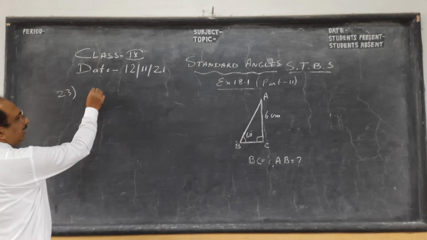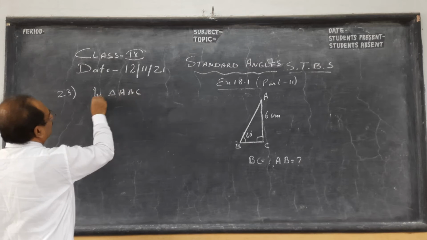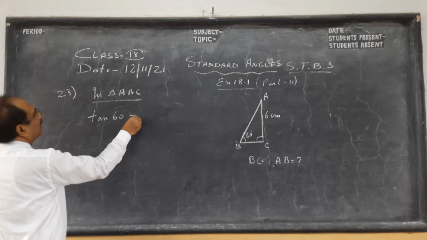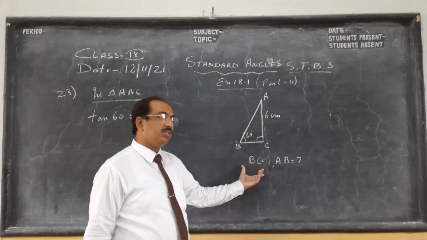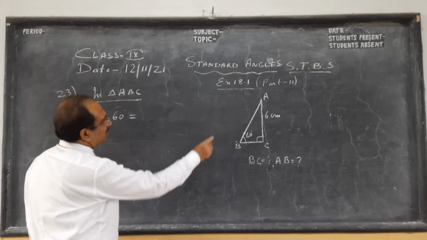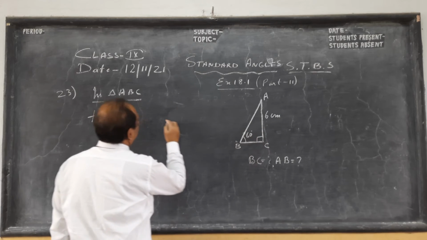So in triangle ABC, what do we see, children? Tan 60. See how we use standard angles for height and distance, especially tan. We can use sine and cos also sometimes. Tan 60 is AC by BC, perpendicular by base, or opposite by adjacent.